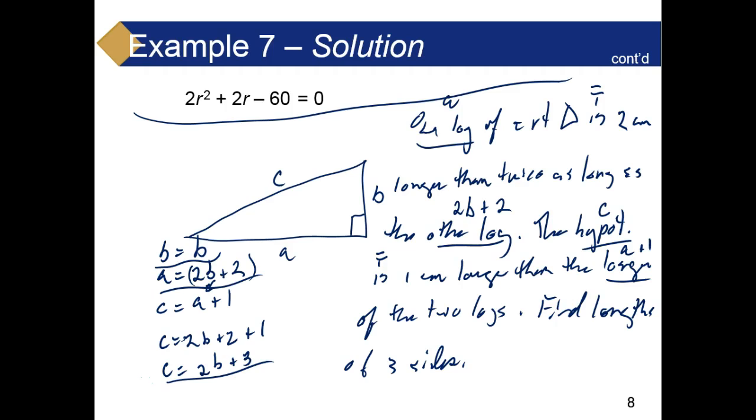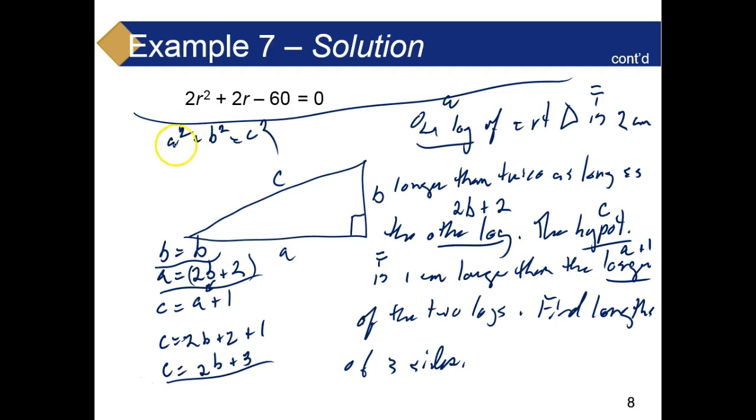Now we can plug those into the Pythagorean theorem, right? How would that go? Well, you tell me what the Pythagorean theorem says. A squared plus B squared equals C squared.